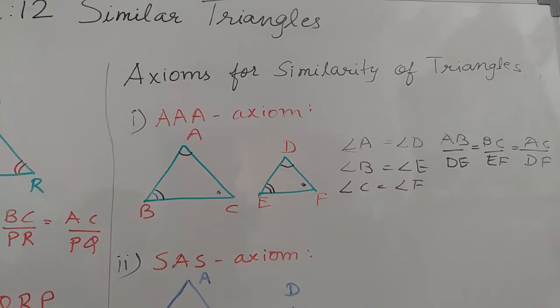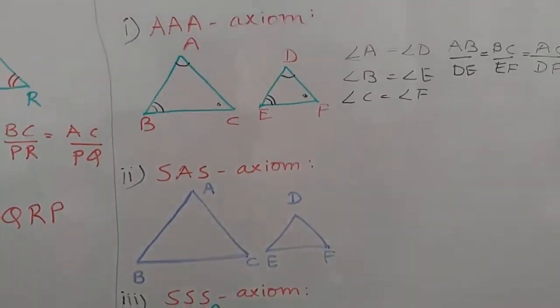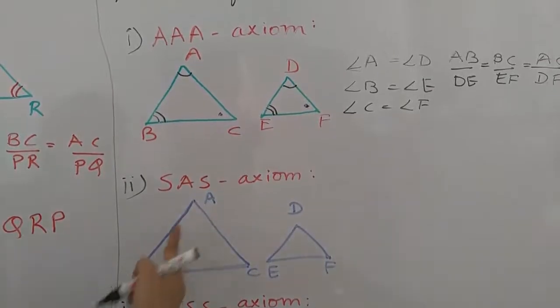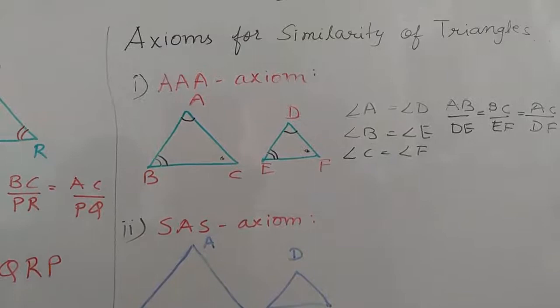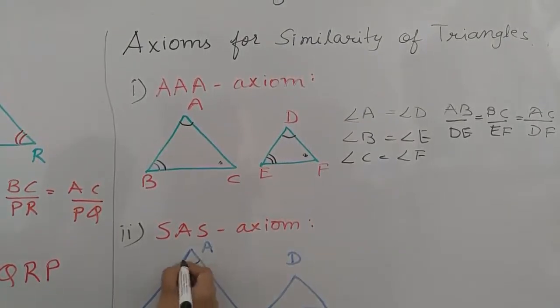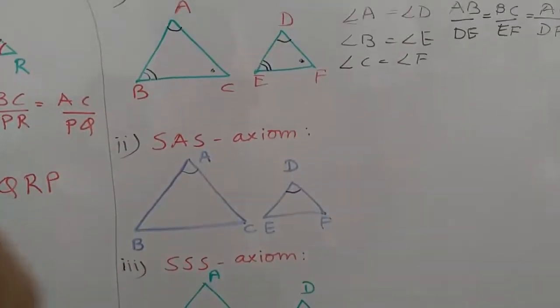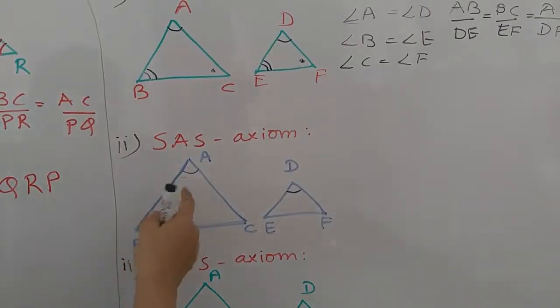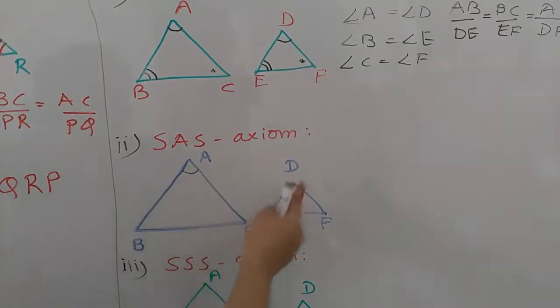Now we'll see the second, SAS axiom. That is our second figure. You see triangle ABC and triangle DEF. So here angle A is equal to angle D. These are the two angles equal in measure, and the two sides including this angle are AB, DE, AC, DF.